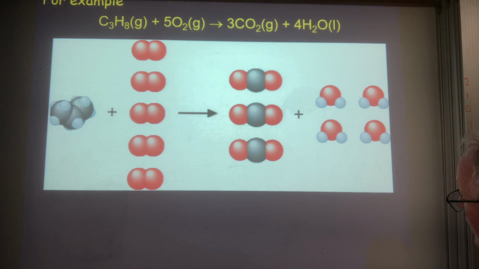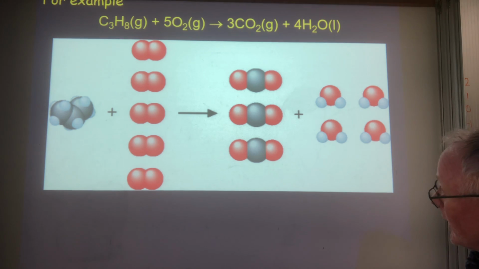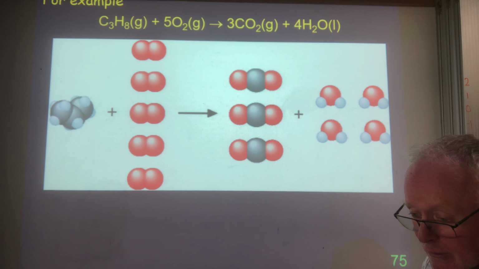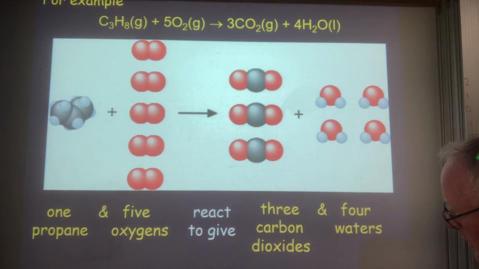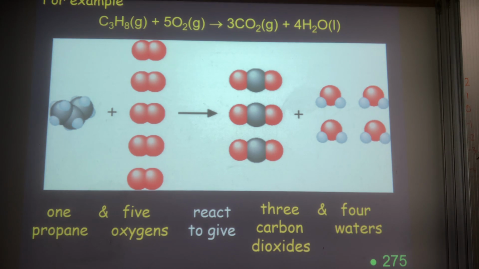They're the magic ratios which enable us to work out amounts in chemical reactions. Always those proportions are going to be reacting, and it's the ratios they produce which are critical to the process.